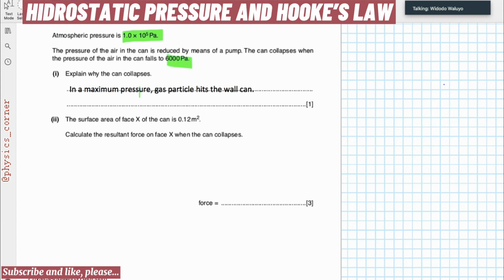So the force is P times A. So 6,000 Pascal, and A is 0.12 meters squared. So this is 720 Newton. That's it.